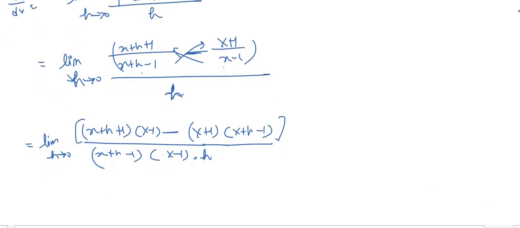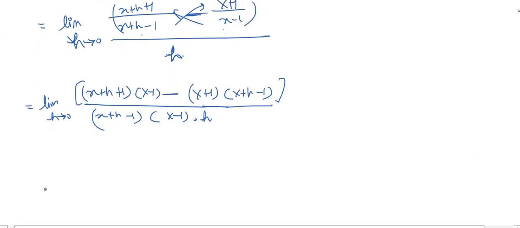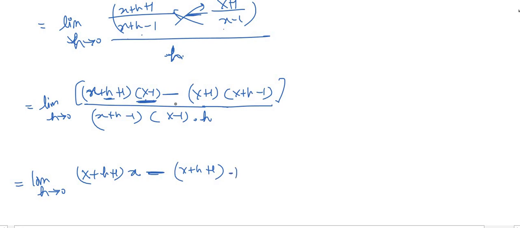There is no other way but we have to simplify it somehow. So limit h is tending to 0. So how to simplify it? This x is multiplied with both, then h is multiplied with both, with 1. 1 is multiplied by both, like that, right? So let me do it one by one. So x plus h plus 1 multiplied with x minus x plus h plus 1 is multiplied with 1.